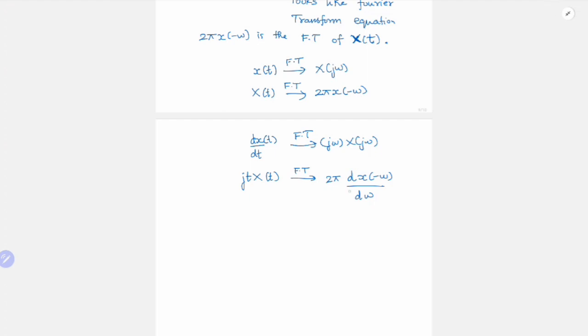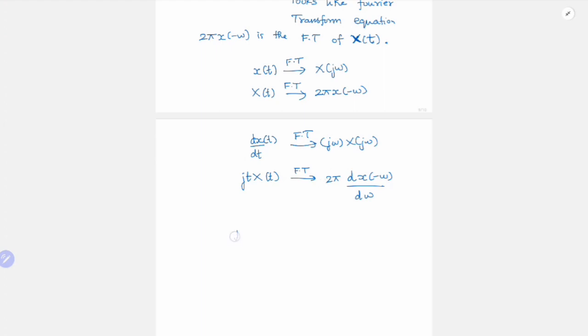So what we can infer from this is, if we take a derivative in the frequency domain, or in the Fourier transform, we'll have a multiplication by t in the time domain. So this is not the actual form because this is not jt x of t. It is the Fourier transform which is changing into x of t. So we have this 2 pi extra factor.